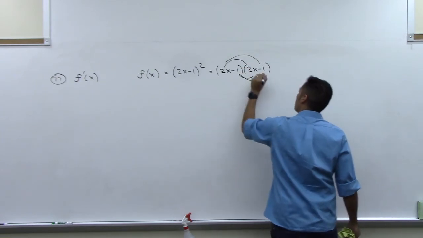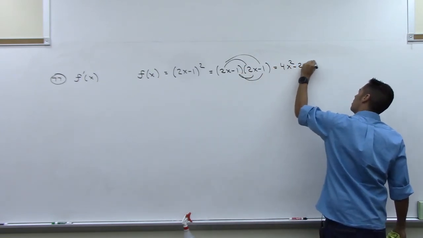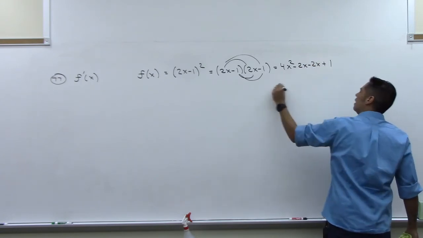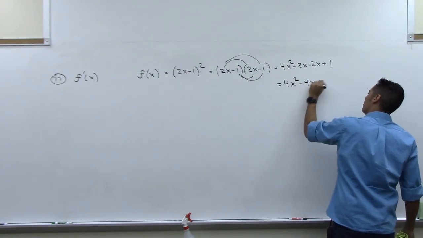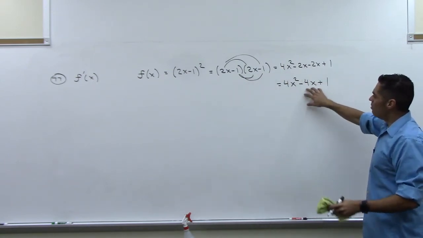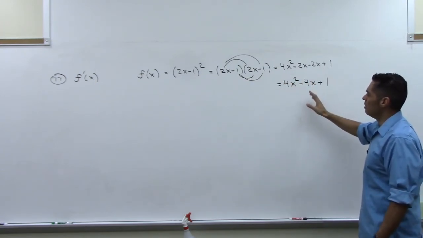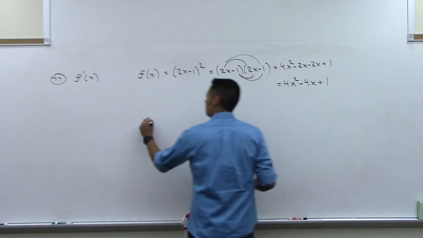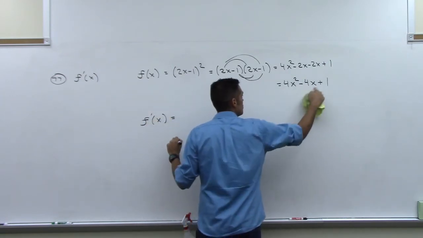So when you FOIL this, you should get 4x squared minus 2x minus 2x plus 1. And that's just 4x squared minus 4x plus 1. So I'm trusting that you can do this FOIL and get this. And now I just need to take the derivative of this. See, there's no more squared. I've already taken care of it. So if I take the derivative of this, I can just do each one of these individually.